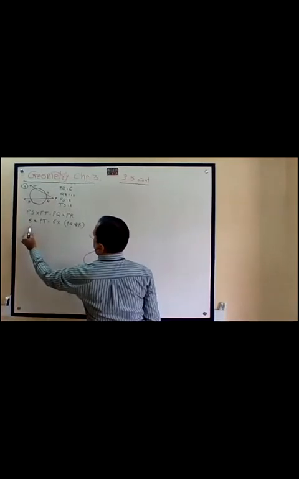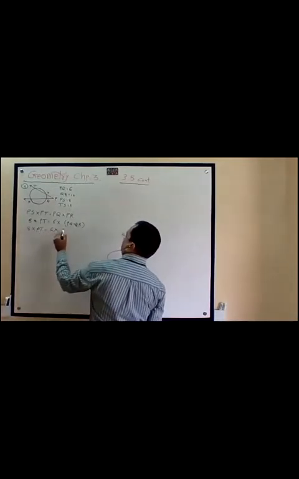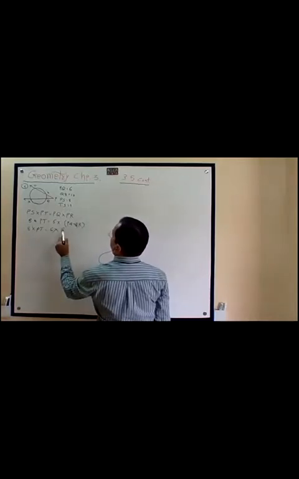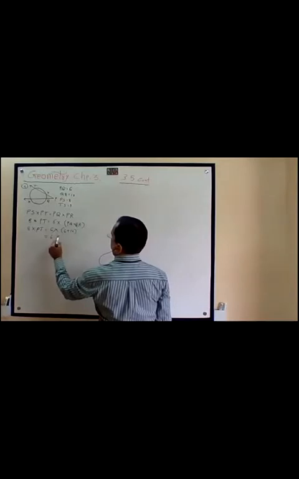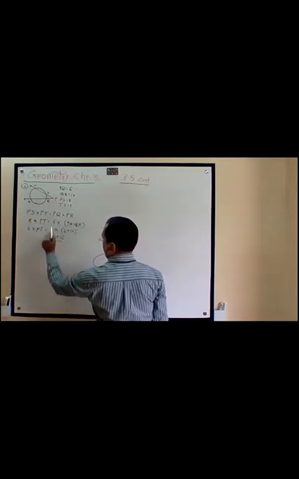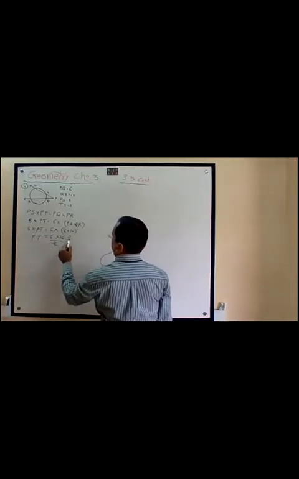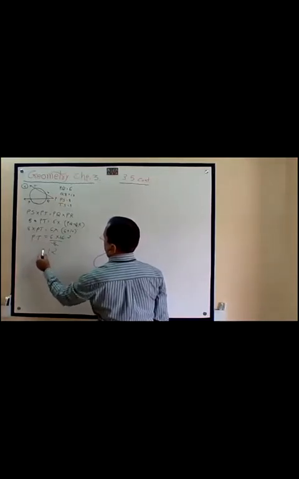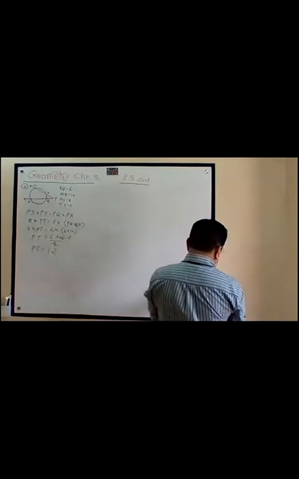So that is 8 into PT, 6 into 6 plus 10, 6 into 16, divide by 8. So 8 twos are 16, so it is 12. Now what is about PT?